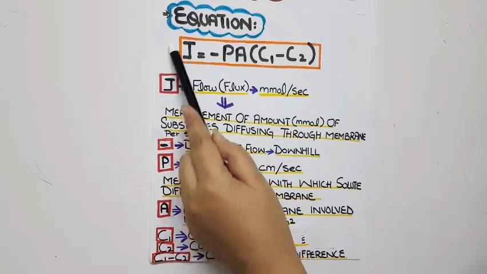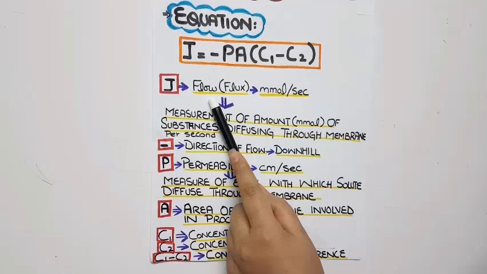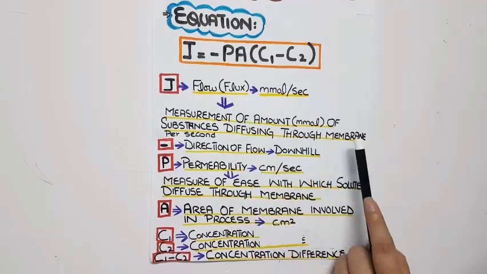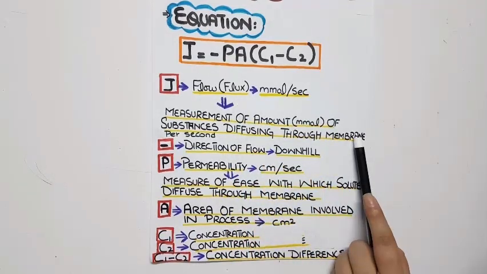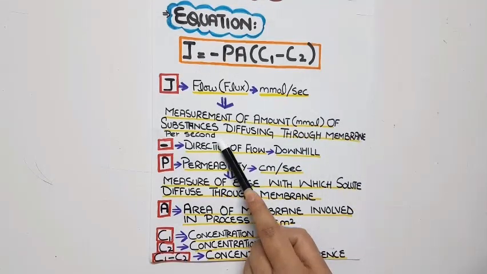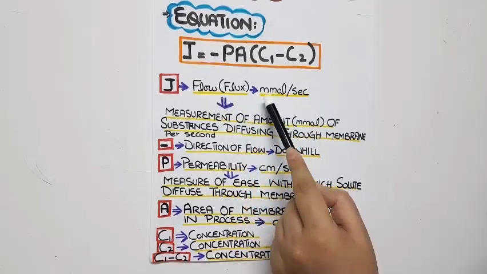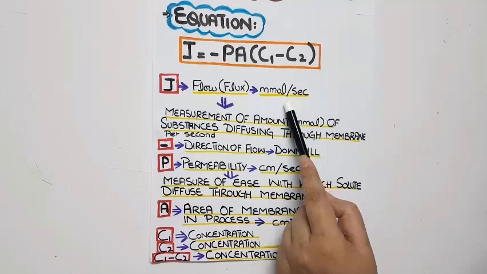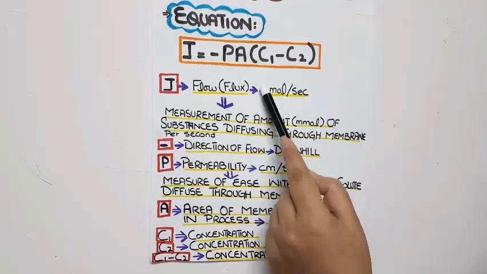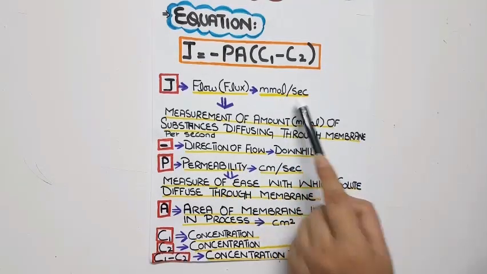This J in the equation represents flow or flux, and it is the measurement of the amount of substance diffusing through the membrane per second, and the unit of flow or flux is millimole per second.